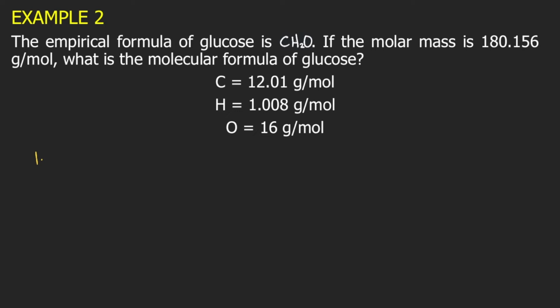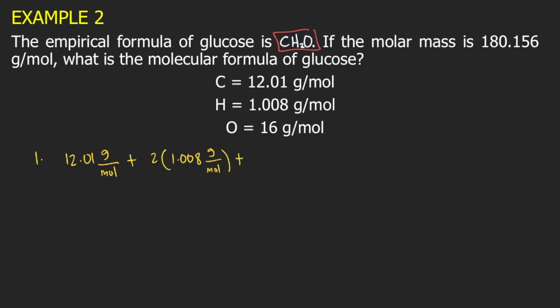So our empirical formula is CH2O. So there's 1 carbon, 2 hydrogens, and 1 oxygen. So the atomic mass of carbon is 12.01 grams per mole. There are 2 hydrogens, so 2 times 1.008 grams per mole.